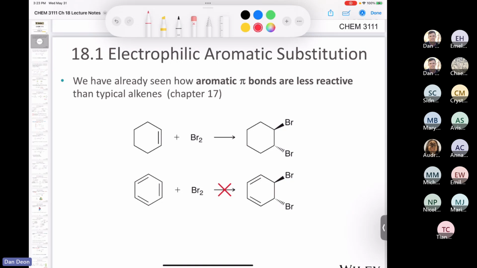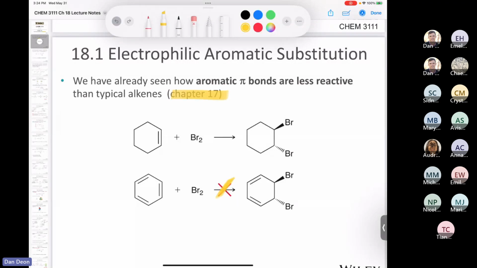And we have seen that pi bonds in an aromatic compound are less reactive than those in a typical alkene. This is something that we just saw today at the beginning of lecture when we were looking at chapter 17. If you take cyclohexene, that reacts with bromine, no problem. But if you try the same thing with benzene, it doesn't react.